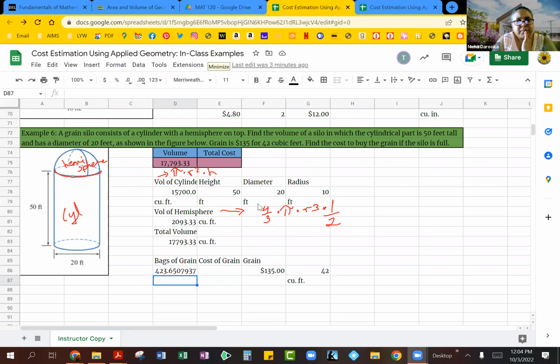Right, so for the cylinder, you are doing the pi r square h. So this is the volume of the cylinder, which gave you the 15,700. So that part was right. This is the one I'm talking about, the hemisphere. So for the hemisphere, you are doing 4/3 pi r to the third, and that gives you the entire sphere, and then you divide it by 2 for the hemisphere.